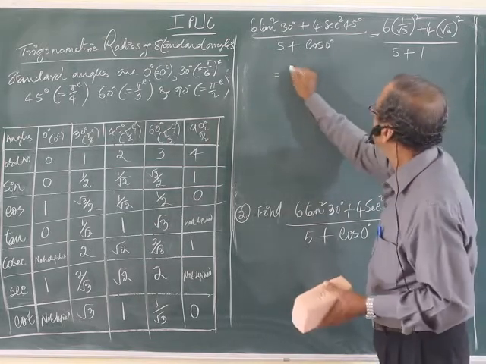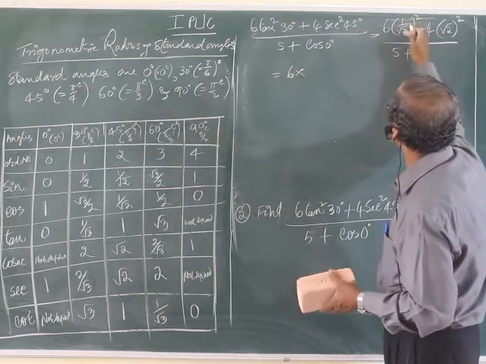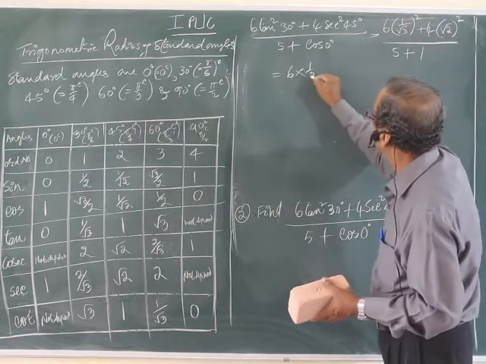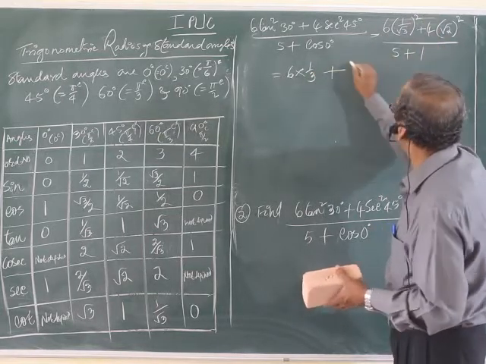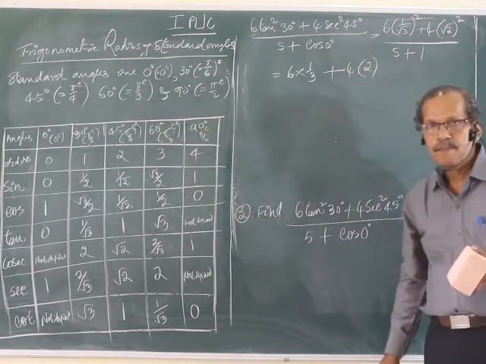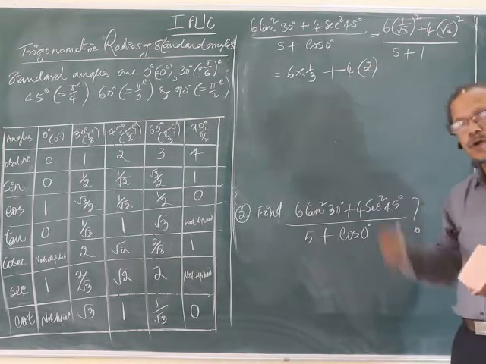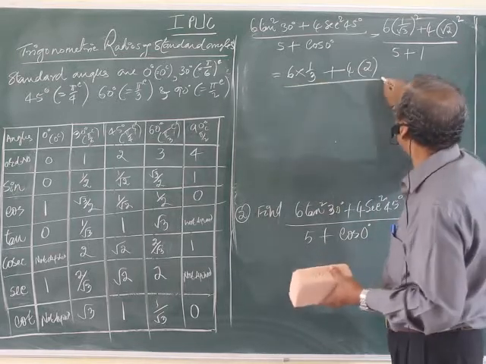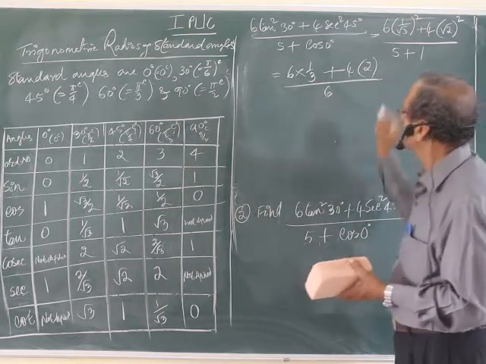Equal to 6 into 1 by root 3 square, 1 by 3. 4 into root 2 square, 2. Root 2 whole square, 2. Divided by, let me add this, it is simple, 6.